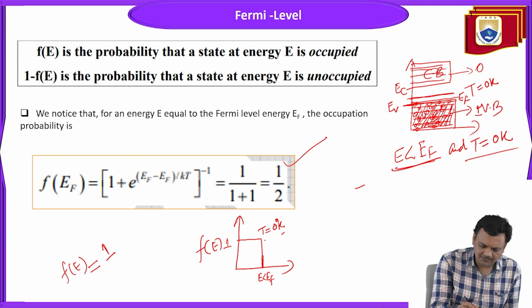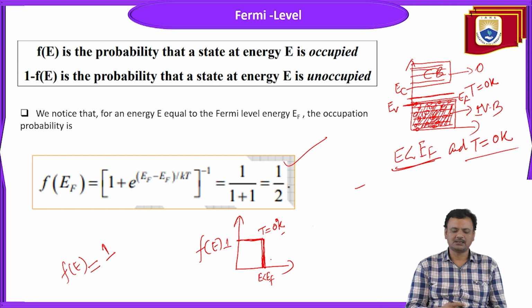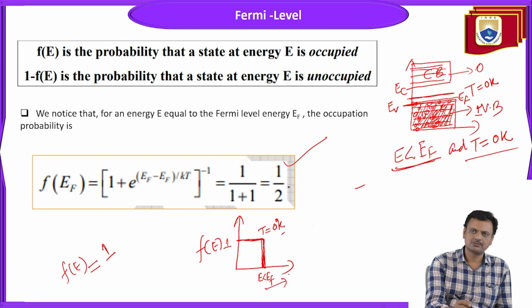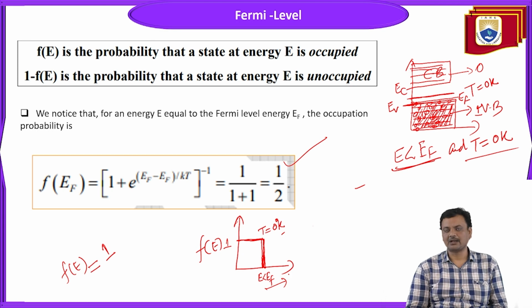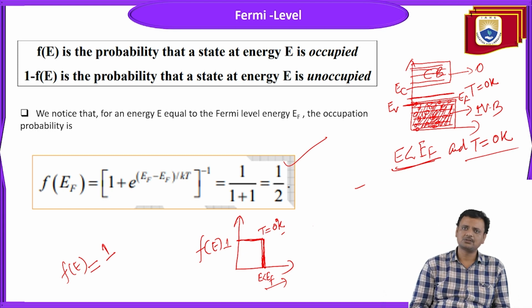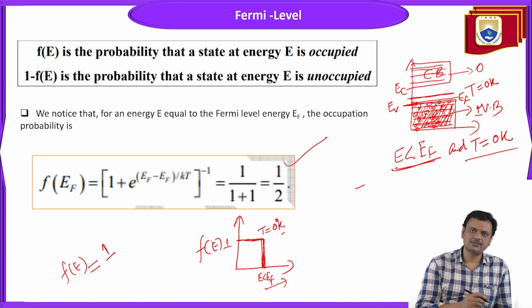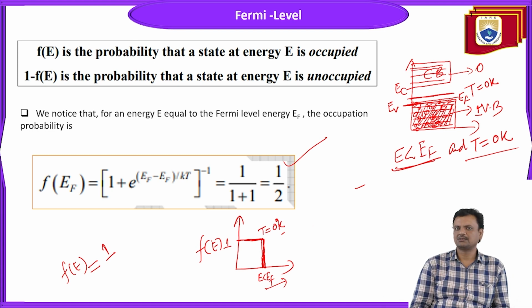What will happen for E equal to EF at 0 Kelvin? E equal to EF will also give the same result. This EF energy level is also giving the same value of F of E. Meaning F of EF at T equal to 0 Kelvin is also 1.